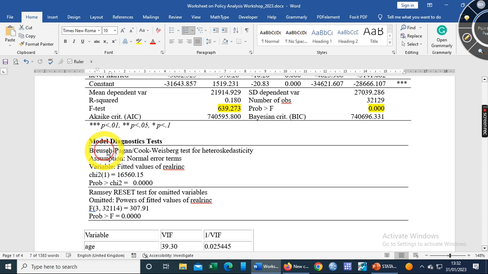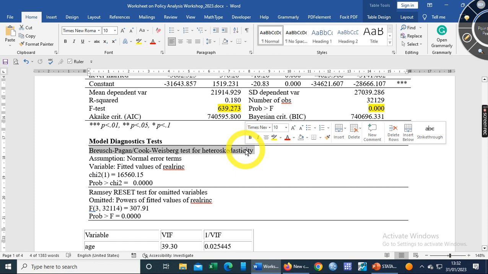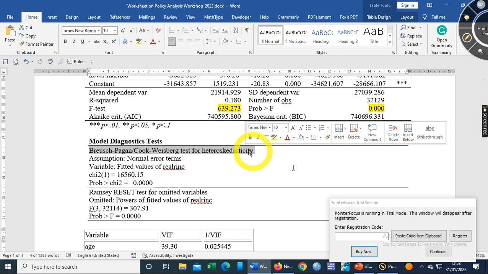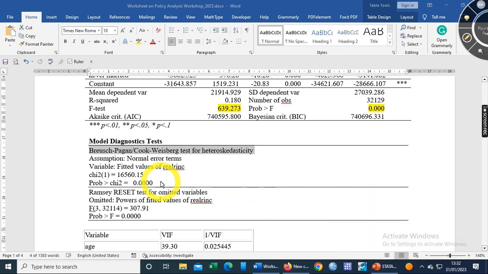This is the Breusch-Pagan or Cook-Weisberg test for heteroscedasticity, which enables us to test whether the error term is homoscedastic or not. To do so, we have the calculated chi-square and its corresponding probability value, or p-value.